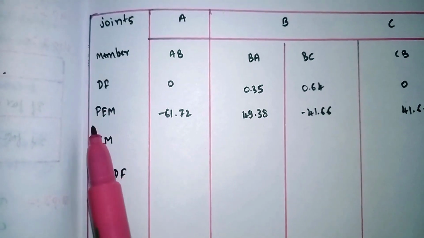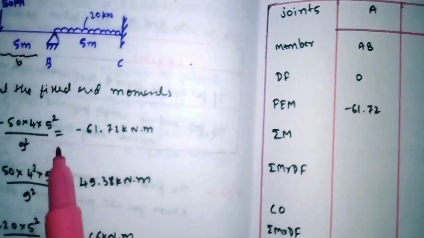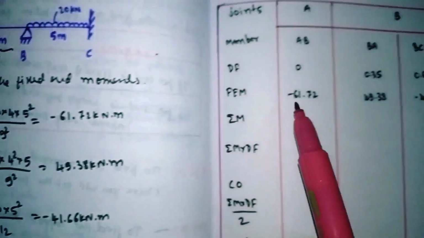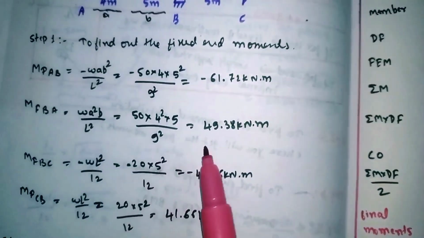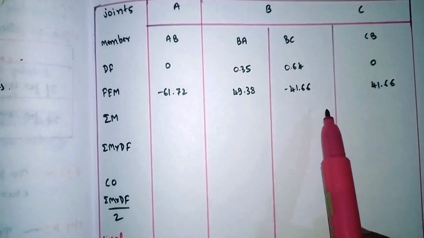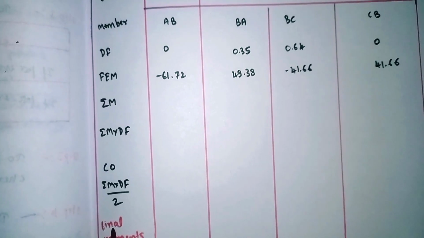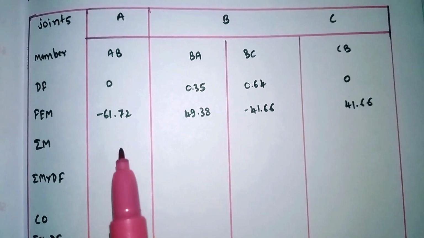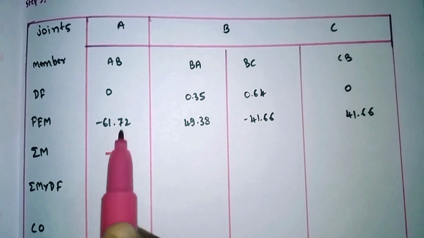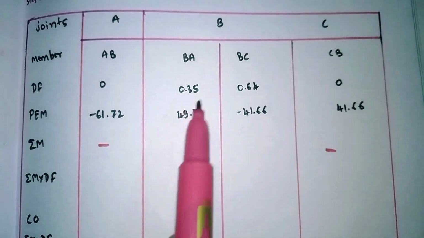Our next row will be the fixed end moment, which we calculated in the first step. For AB our value is minus 61.72, and for BA it is 49.38. Similarly I have written all the values for AB, BA, BC and CB. In this step we are not going to disturb anything about joints A and C, because our aim is to get the moment at joint B to be 0.